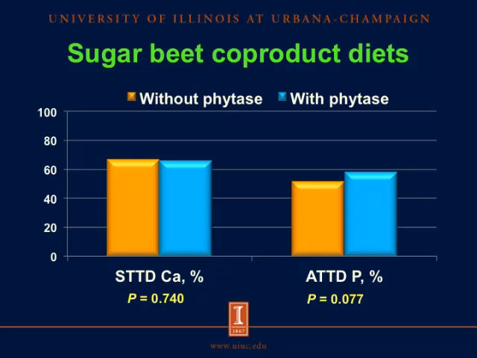These are the sugar beet product diets, and here we observe that the inclusion of microbial phytase did not affect the digestibility of calcium. Also, this may indicate that calcium was not bound to phytate, and we don't know the chemical structure of the calcium in this product, but here we observe that there is a tendency to increase the digestibility of phosphorus if microbial phytase was used.